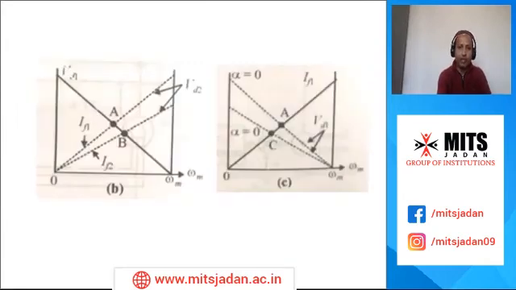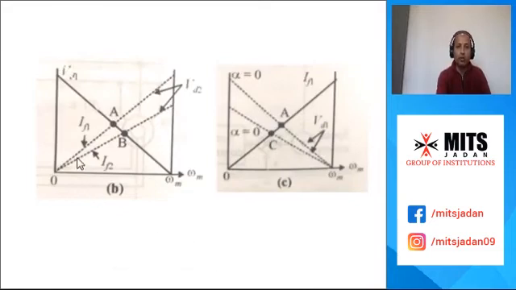Suppose we first take a field current of value IF1. For this IF1, this is the value of VD2. Now VD1 and VD2, this is the equilibrium point. Point A is the equilibrium point, or we can say that steady state condition is reached here, because at point A VD1 is equal to VD2.